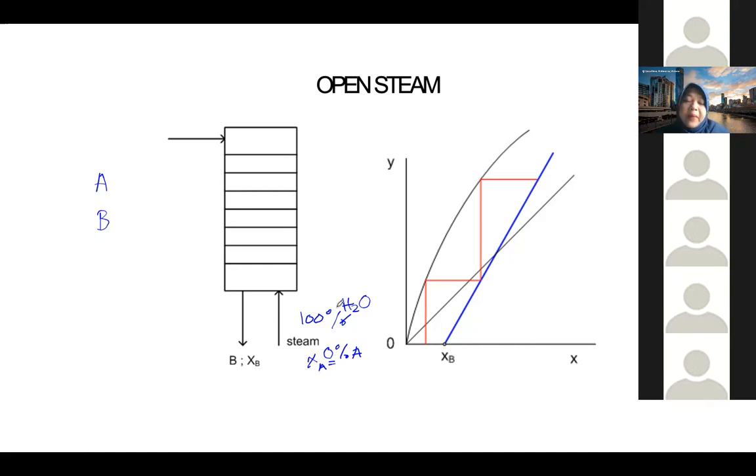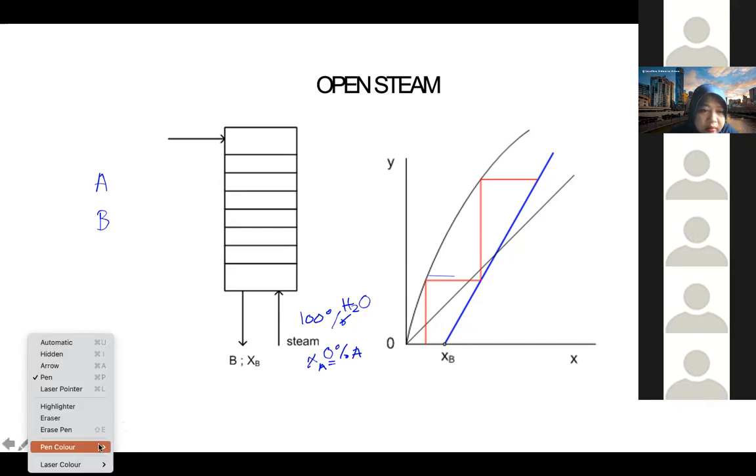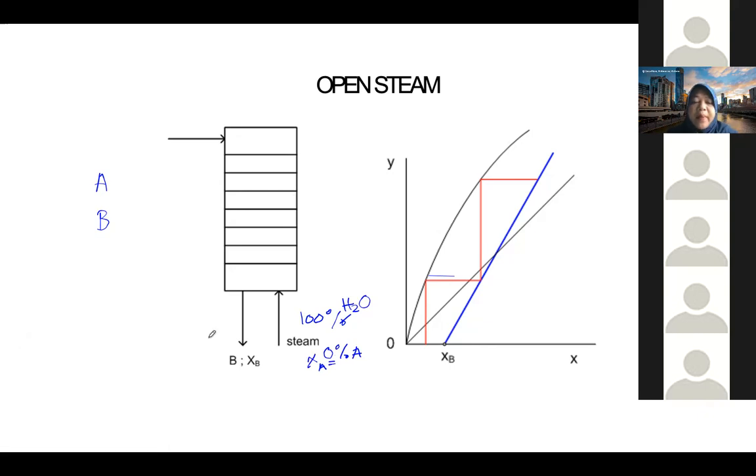So what happens if we use open steam? If you use open steam, you want to look at the pairs, the pairs that correlate, which is actually the operating line. To find the points of the operating line, let's look at the pair.